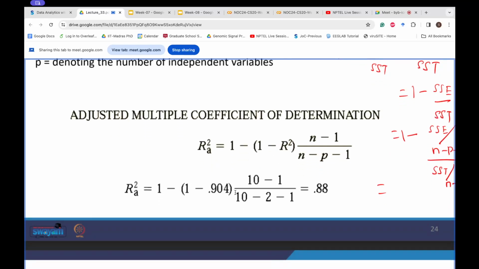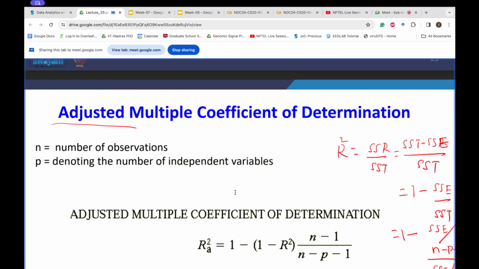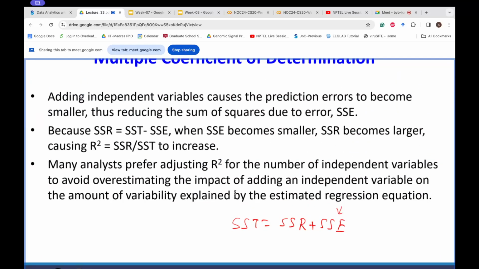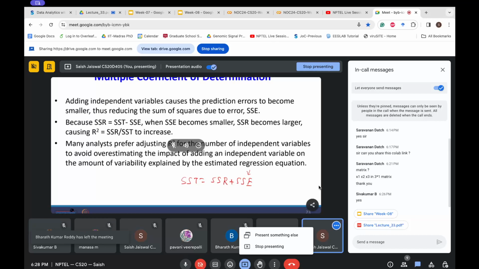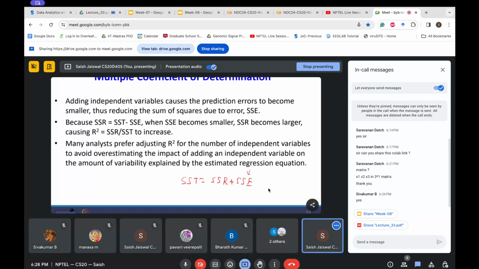So as we saw in the previous session, the value of r square can range between, so what is the answer? What values can r square take? Anyone? We saw it in the previous class, right?